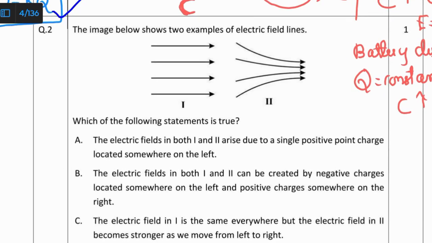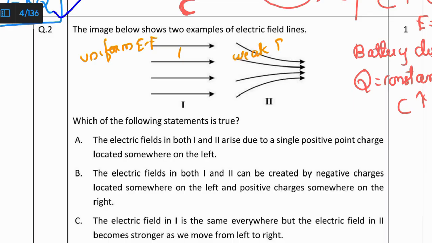Next: the image below shows two examples of electric field lines. Two field lines are given, and they ask which of the following statements are true. Since the lines are parallel with equal spacing, immediately you write this is a uniform, or constant, electric field. In the second diagram the field lines are further apart, widely spaced, so these are regions of weak electric field.